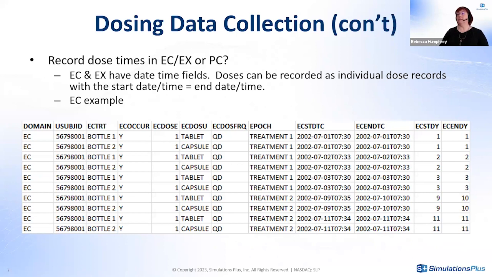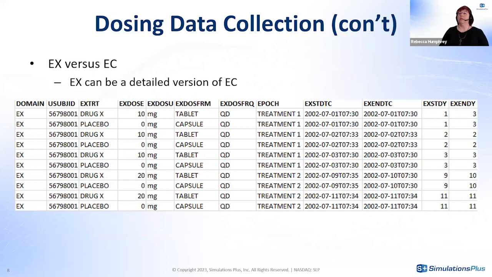In comparison, this would be the EX data set that would go along with that EC data set. So in the EX data set, you'll see that treatment 1 and treatment 2 have been assigned a dose in milligrams. And we can also see that where it was bottle 1 and bottle 2 before, bottle 1 is your study drug, and then bottle 2 was the planned placebo in capsule form.